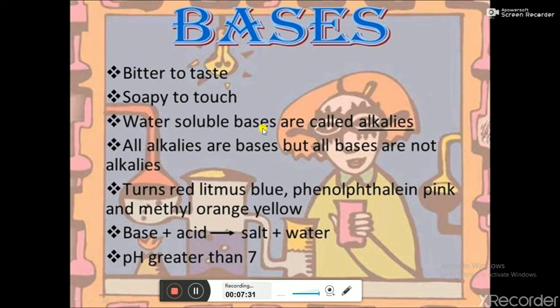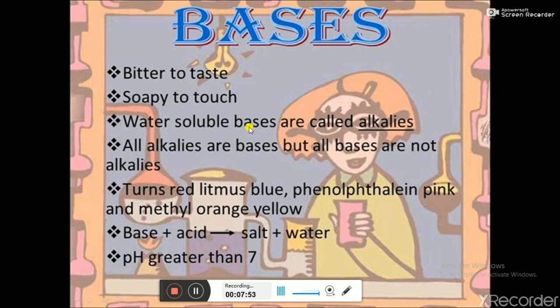This is one of the very important points in case of bases: all alkalis are bases, but all bases are not alkalis.